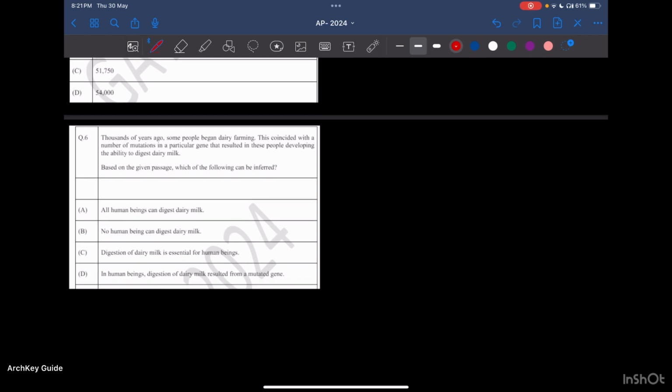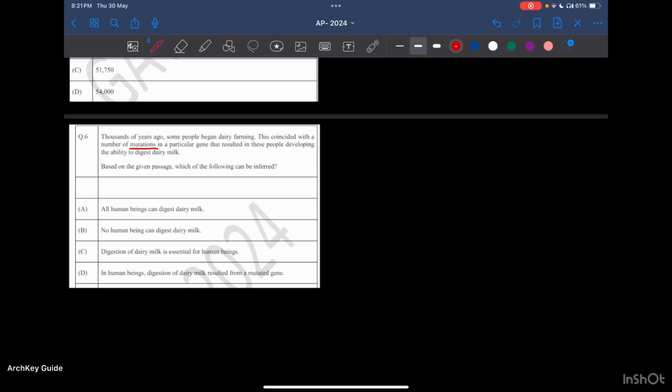Thousands of years ago, some people began dairy farming. This coincided with a number of mutations. Mutations mean change, in a particular gene that resulted in these people developing the ability to digest dairy milk. Based on the given passage, which of the following can be inferred? All human beings can digest dairy milk.